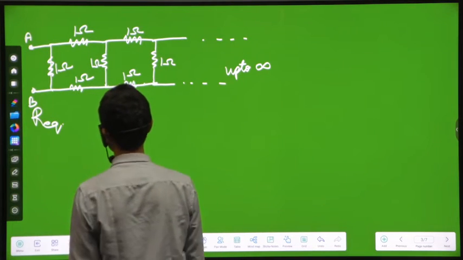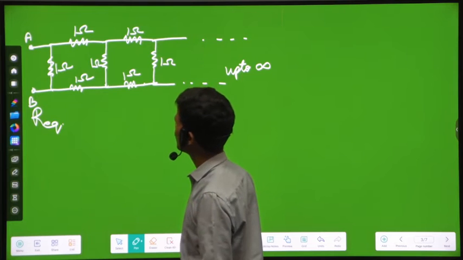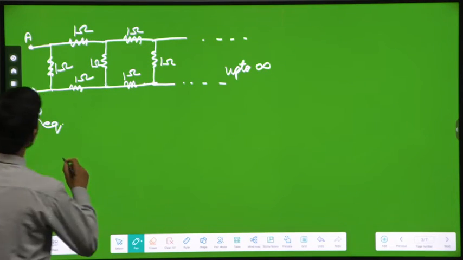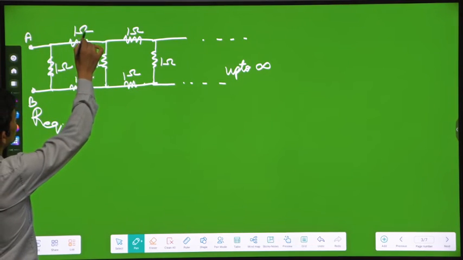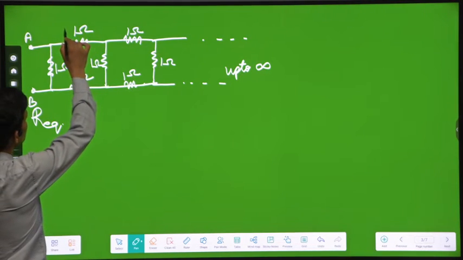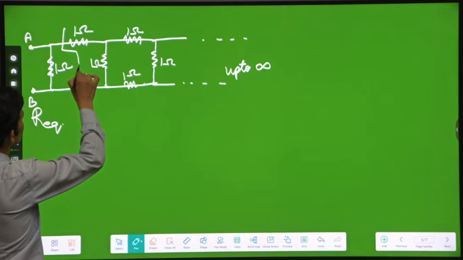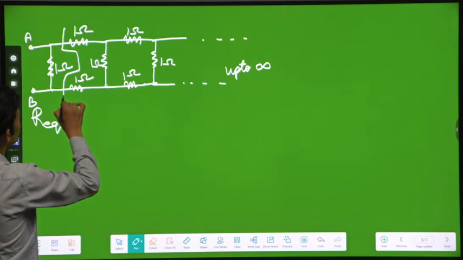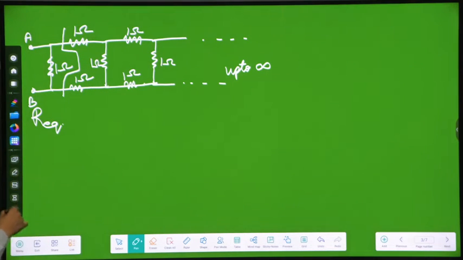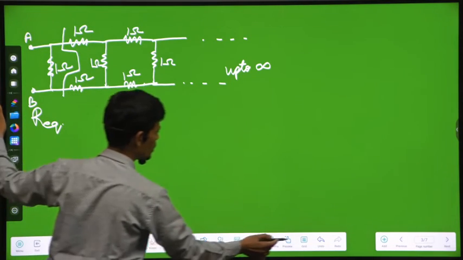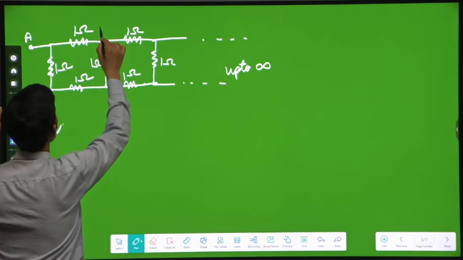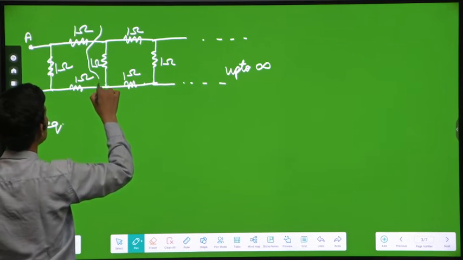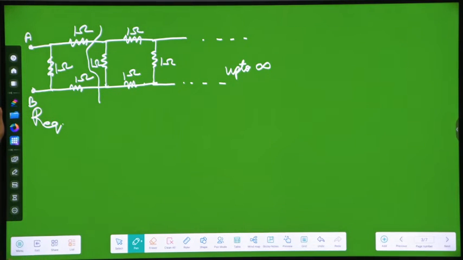So you can see each time this unit has been repeated.